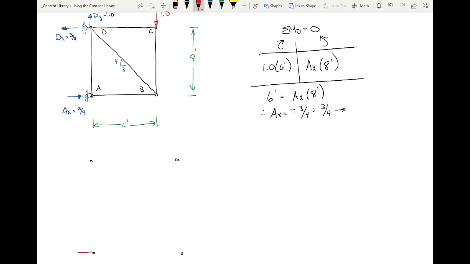So put our loads, put our little sort of shadow truss, so you can kind of see what I'm doing there. Okay. And then, let's see, D, C, A, B.